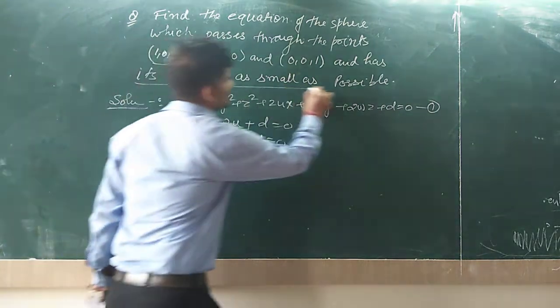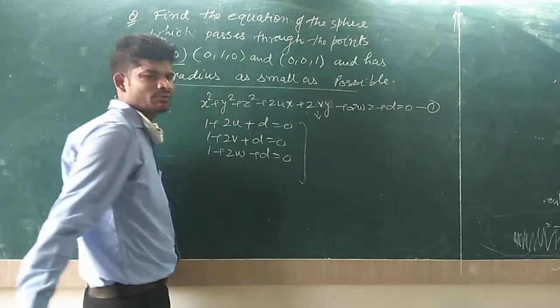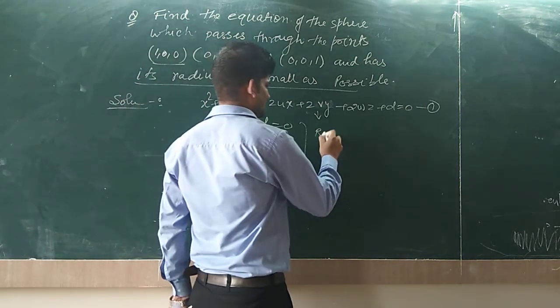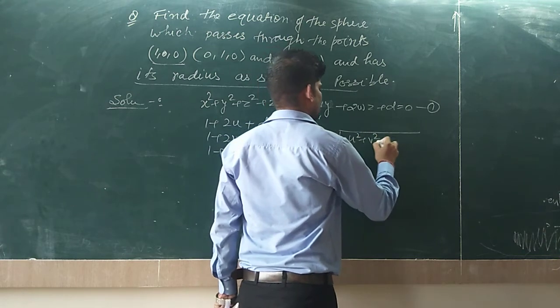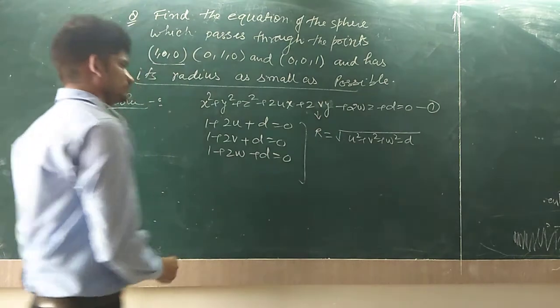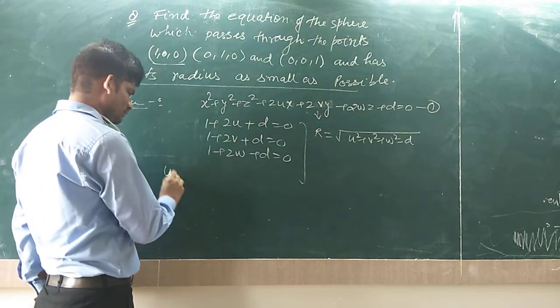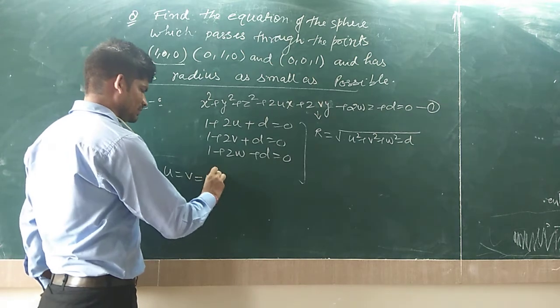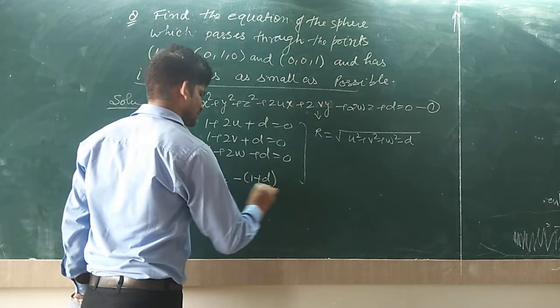And by using this condition, the radius of the equation number 1 is r equal to under root of u square plus v square plus w square minus d. Now using this condition, u equal to v equal to w equal to minus (1 plus d) upon 2.